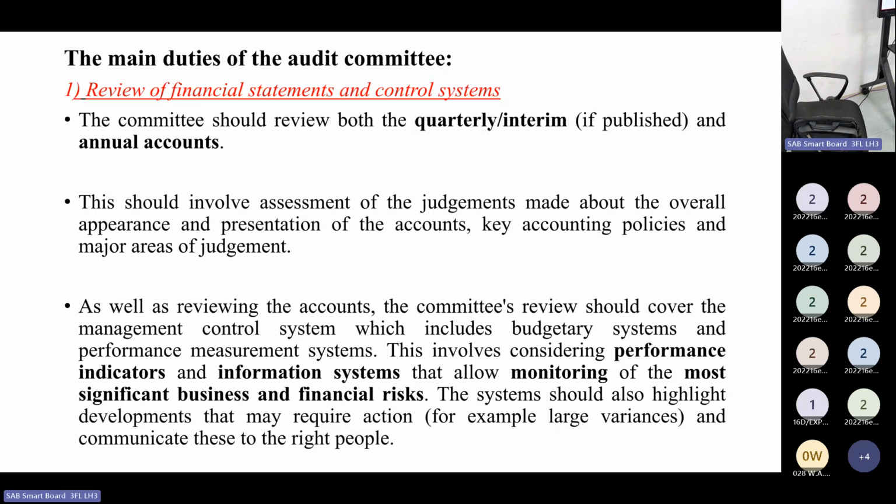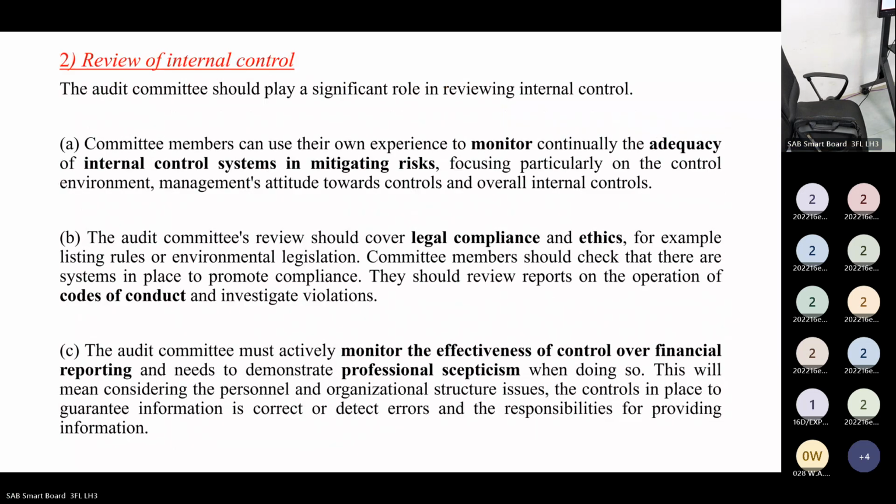The second part is they have to overlook or review the management control system. The management control system has mainly the budgeting part and the performance evaluation part. They need to review those two, and they also need to look at whether actions are taken for the variances and they have been communicated to the people.